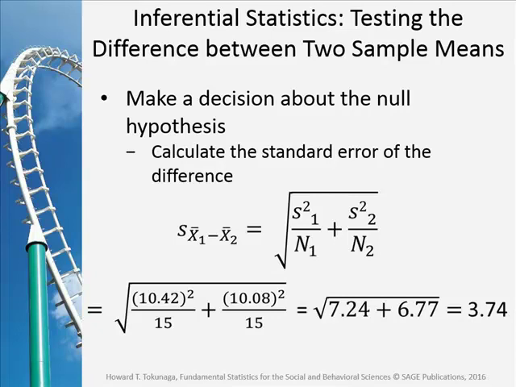And so what we do is we take into account each one. So if this were just asking for the standard error of x1, it would just look like that, right? It would be the square root of, right? That's just what it would look like. But now we've got 2. So it's 2 parts. The other thing I want to throw in there is now we got squares too.